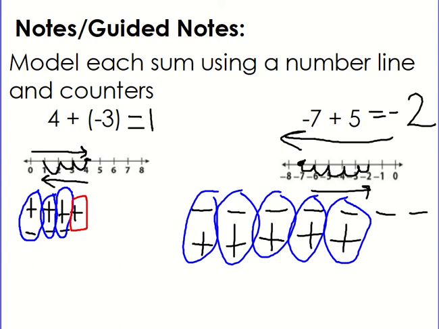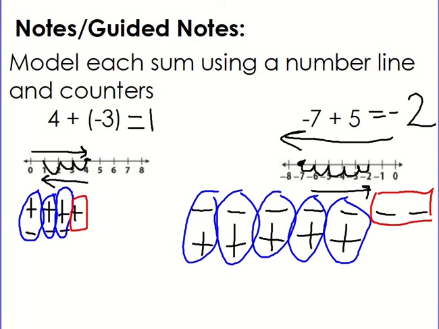And as you can see, what we're left with that doesn't have a zero pair are 2 negatives. And there it is, -2. So that's what a zero pair does to our problem. We get things out of our problem. They are taken away. They do not affect our problem. Okay, so zero pairs when we use counters, and opposite directions when we use a number line.